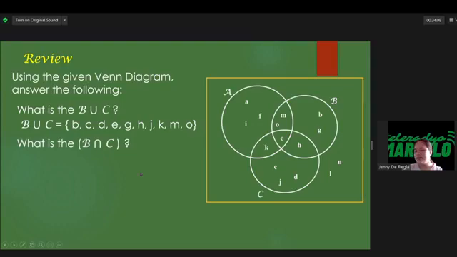So the set of elements of B intersection C are the letters E and then H. Okay, so correct. Next, what is the probability of B intersection C? Again, what is the probability of B intersection C?